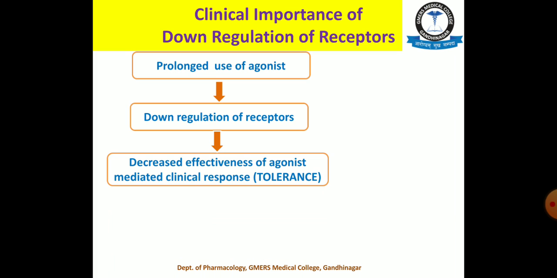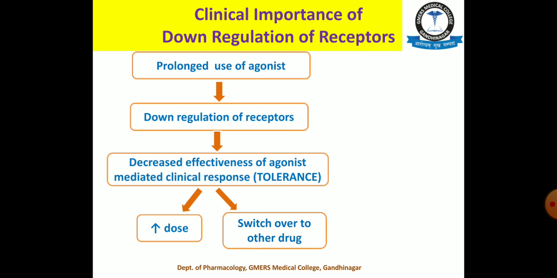Now you have two possibilities: either you have to increase the dose of that agonist, or you have to switch over to another drug. If you increase the dose, again after a period of time, because of tolerance, that dose is also not sufficient, and you cannot increase the dose to an indefinite level, because after a certain dose range the patient will start experiencing intolerable adverse effects.